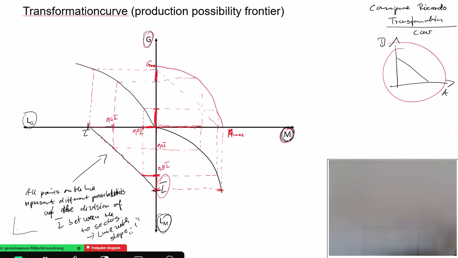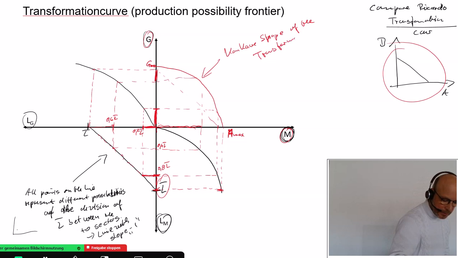We obtain also this concave shape of the transformation curve.